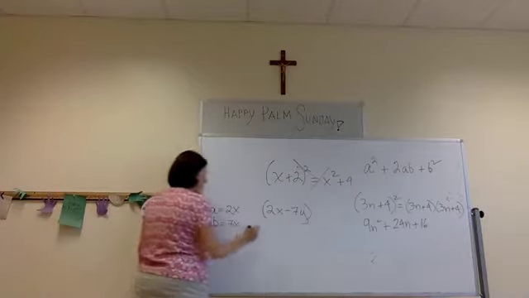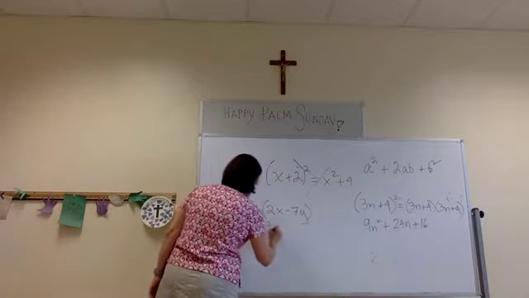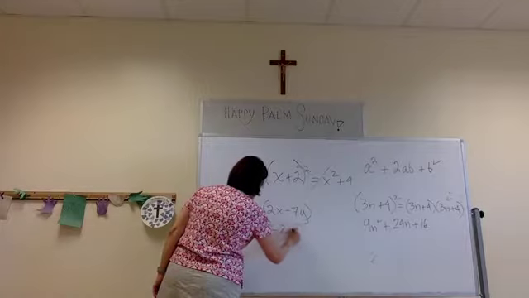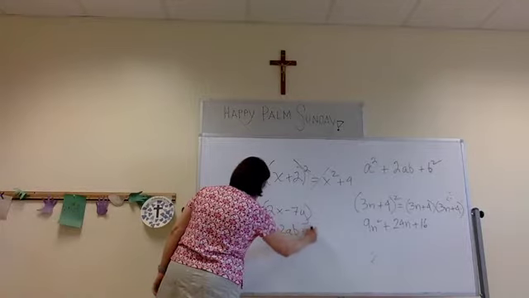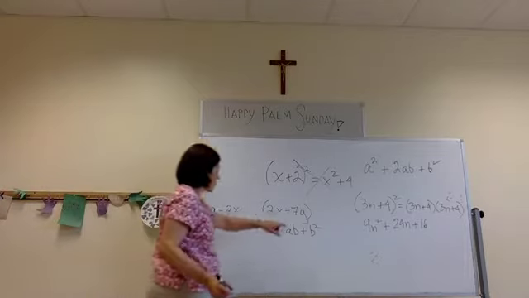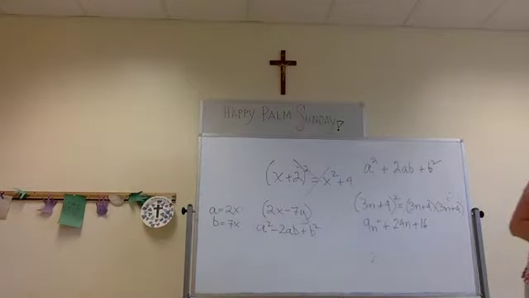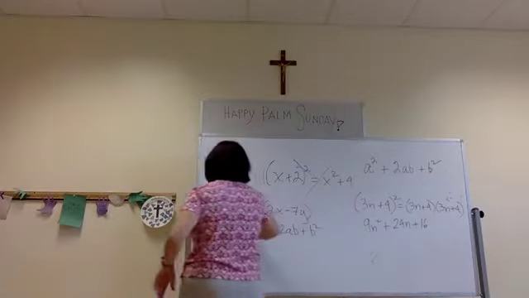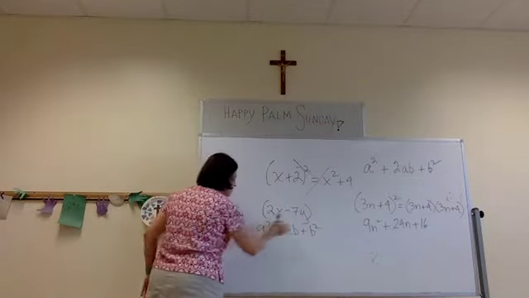My pattern is going to be a squared, minus 2 times ab, plus b squared. Is it going to be 7x or 7y? It's 7y. Did I write it wrong? It's 2x minus 7y. Yes. Oh, I see what you're saying. I was looking over here.